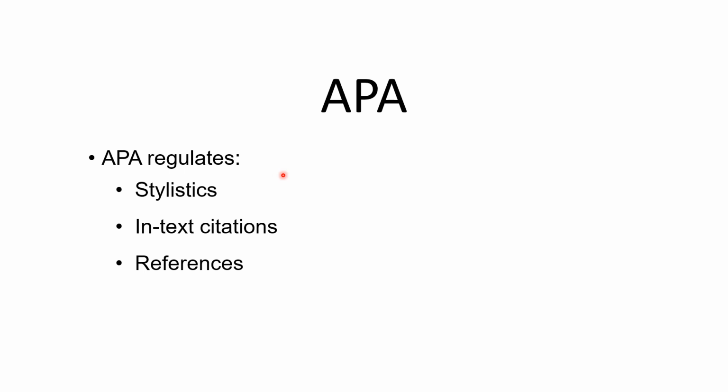They also have their own ways of citing references in the running text, and their own bibliographical formats. The format of their bibliographies or lists of references also differ. So just like the other documentation styles, APA also regulates these three: the template or format of the paper, the way references are cited in the running text, and the way these sources are listed in the bibliography.